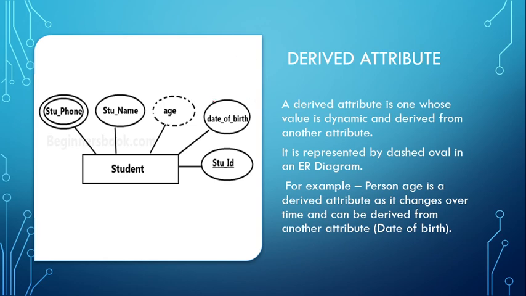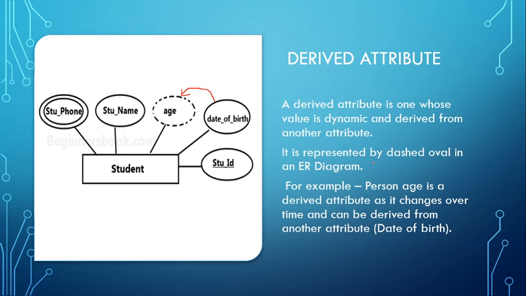With the help of date of birth, the age is derived. Based on the date of birth, the age will be changing every time. This attribute is depending on the date of birth attribute, so we call it a derived attribute.